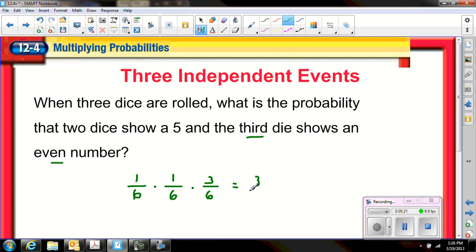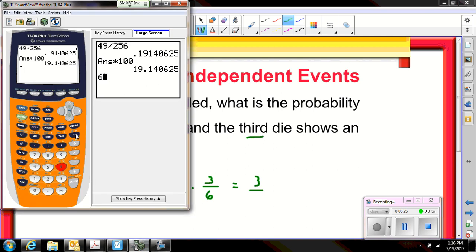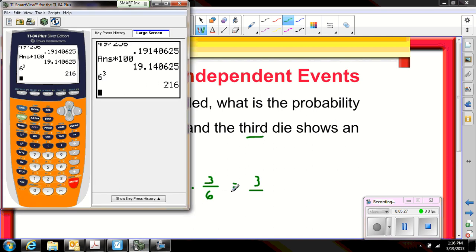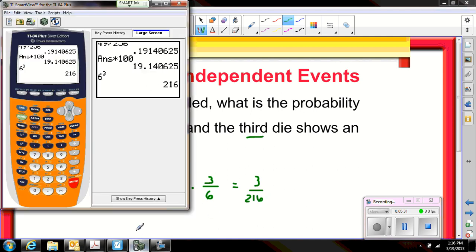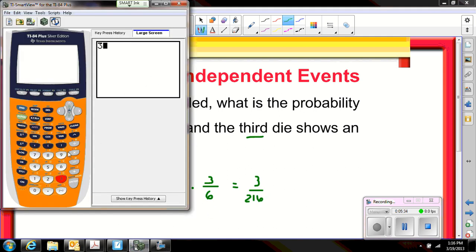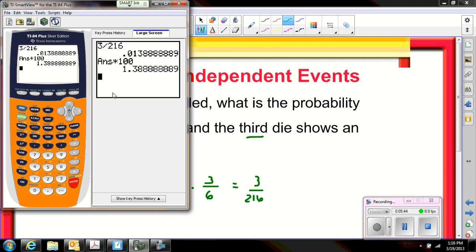3 over 6 cubed. Let's see what we got here. 216. And again, that probability can be expressed as a decimal, 0.013889, as a percentage a little over 1.3%.